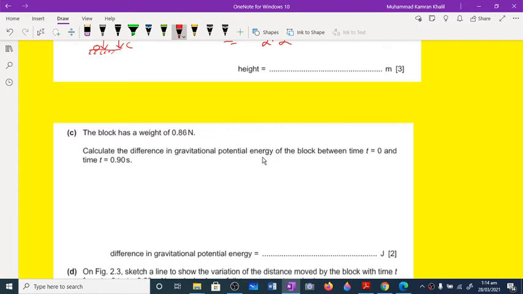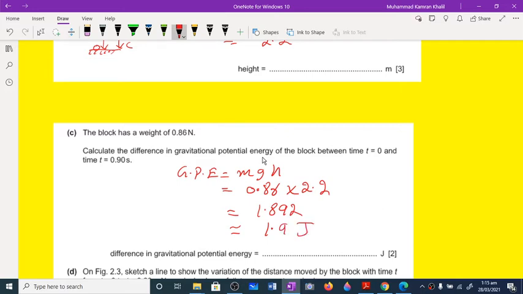Now the formula for the gravitational potential energy: the difference in the gravitational potential energy depends on the difference of the height, which we have already calculated in part B. So GPE will be equal to mgh, and the value of mg is already given, 0.86, and the height we have calculated is 2.2, so the GPE will be 1.892, and after rounding off the final answer which we will get is 1.9 joules. So that is the answer which we have to write down in 2 SF.